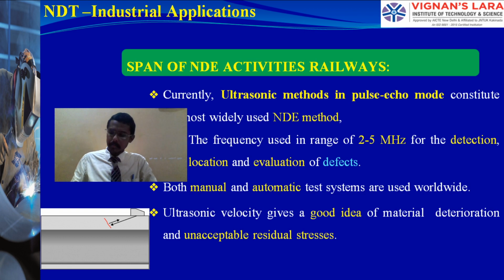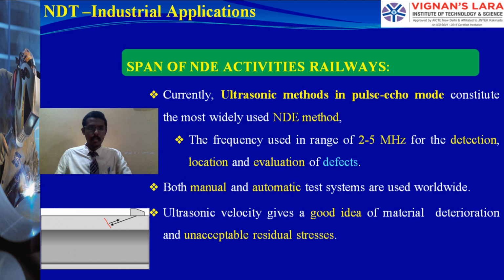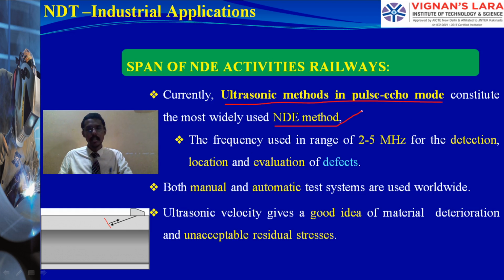So currently the most important technique we are using for railway inspections is the ultrasonic method in pulse echo mode, which is the most widely used NDT method. We are using a frequency range of 2 to 5 MHz for detection, location, and evaluation of defects.